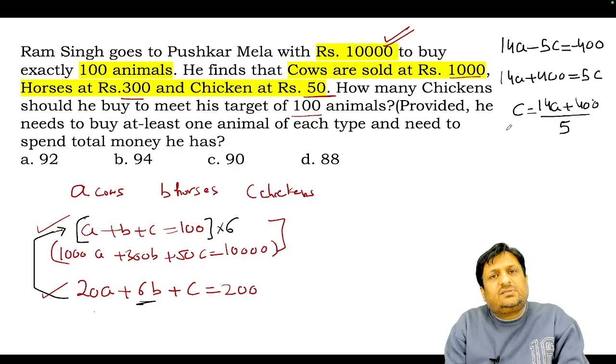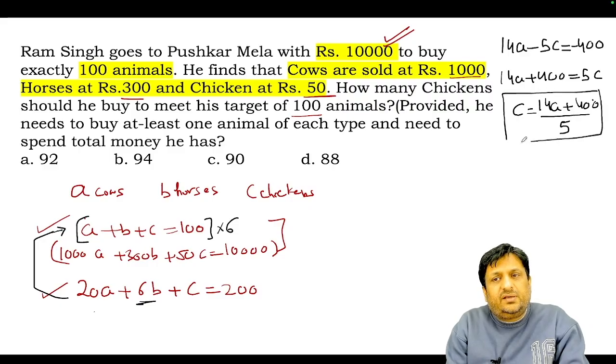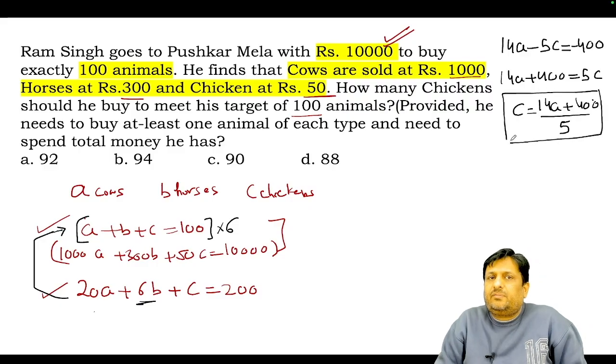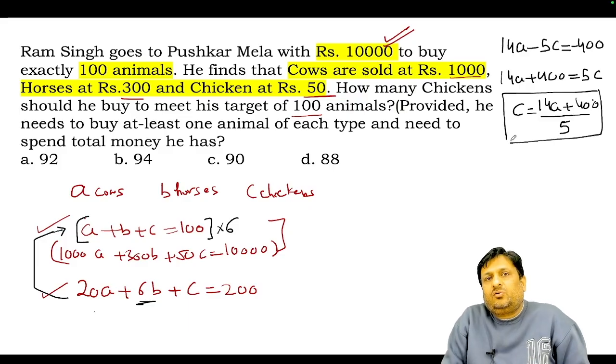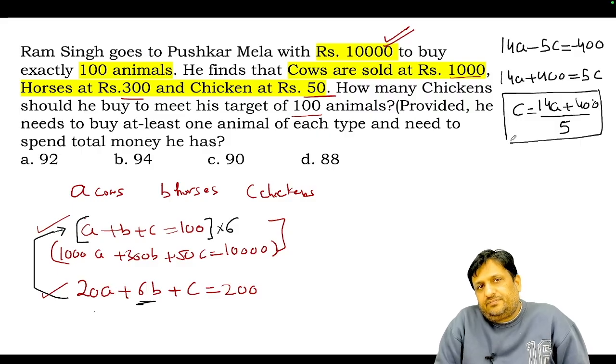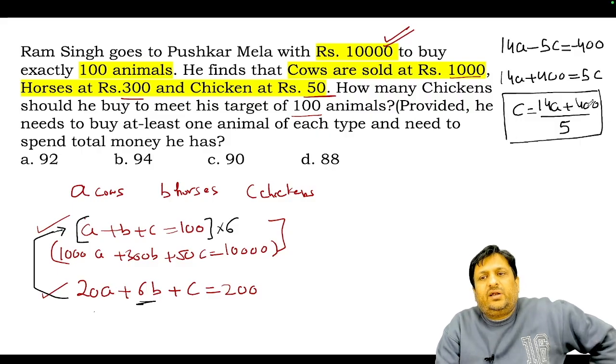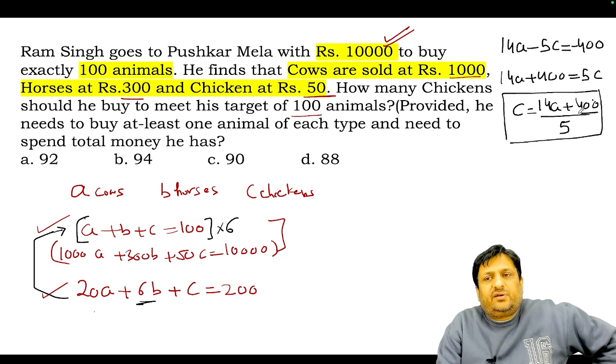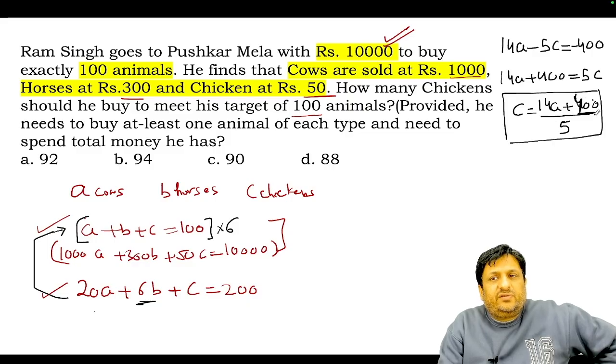Now C is the number of chickens. Can the number of chickens be in decimal form? No. He is buying whole animals, not dead animals. So C should be an integer. Now 400 is already divisible by 5, so to make the complete fraction an integer, 14A should also be divisible by 5.